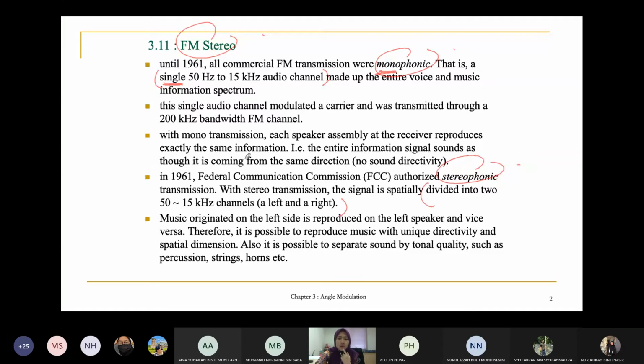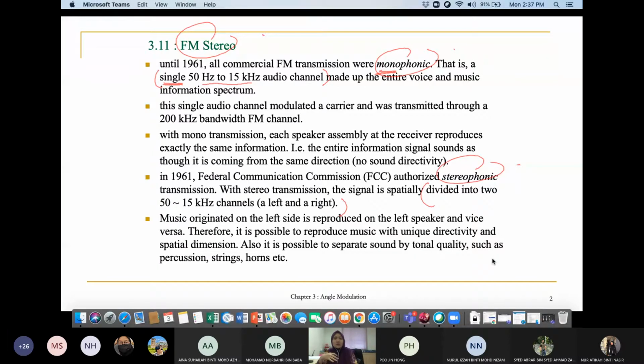The signal from 50 Hz to 15 kHz is divided into two, one for the left and one for the right speaker. The music originated on the left side is reproduced on the left speaker, and the music originated on the right side is reproduced on the right speaker. Therefore it is possible to reproduce music with unique directivity and spatial dimension.